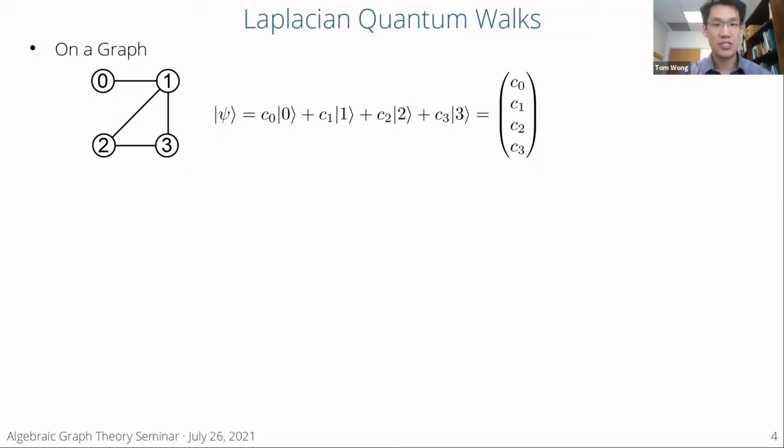So there's going to be some amplitude C0 of being at vertex 0, some amplitude C1 of being at vertex 1, some amplitude C2 of being at vertex 2, and some amplitude C3 of being at vertex 3. So we're superpositioned over these 4 vertices. And we can write this as a column vector with these 4 amplitudes. So this is what the quantum state looks like.